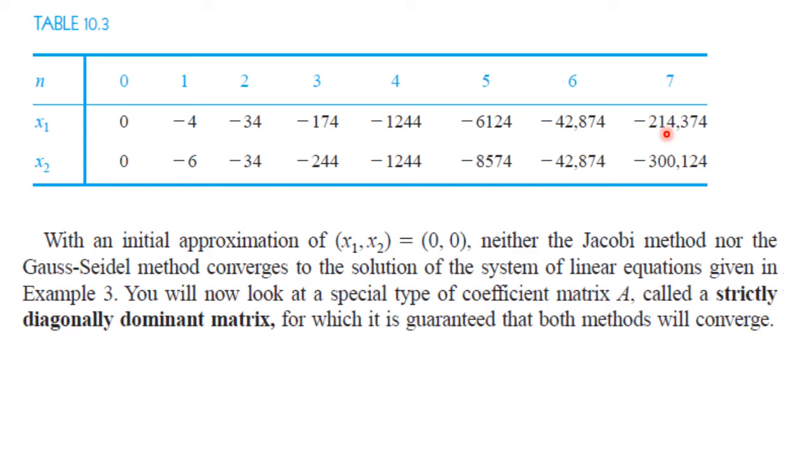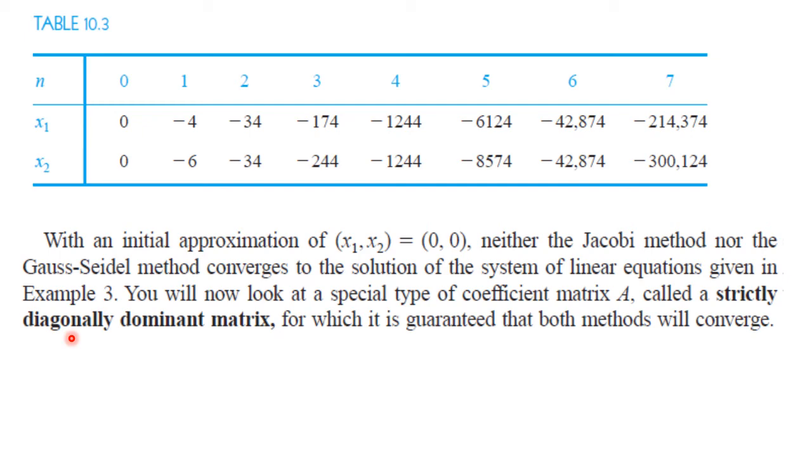So student, to see whether the solution will converge or not, there is a technique to check, and that is called a strictly diagonally dominant matrix. Students, I will tell you the definition of this. If you check your matrix in the beginning, you can see whether the system will converge or not, so you don't need to solve the steps.